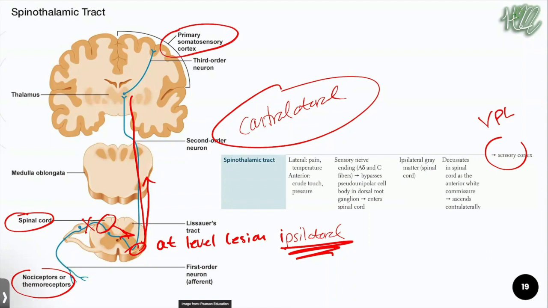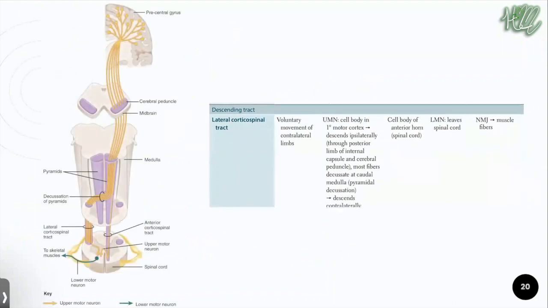So same thing with these first two. Dorsal column and spinothalamic have 3 neurons and 3 synapses, and it's going to be our upper motor neuron and lower motor neuron that actually have 2, I believe. So let's go to that now.